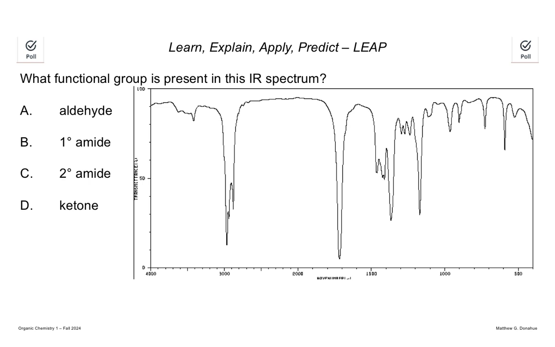So I believe these are the same responses as the last question: aldehyde, amide, amide, ketone. So the last one was aldehyde. We can see that there's this carbonyl stretch here. We have 1600, 1700, 1800.